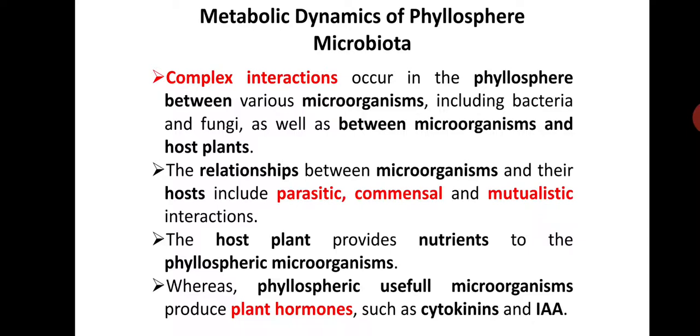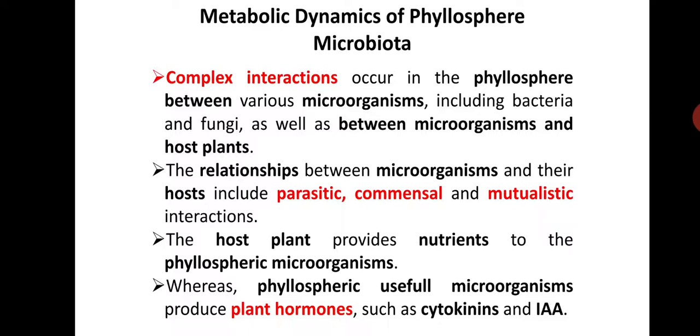So all these microbiota in the phyllospheric area show certain complex interactions, mainly between various microorganisms. Just now I discussed that bacteria are found, fungi are also found, so there is an interaction. Definitely, when microbes are there, there is an interaction, right?